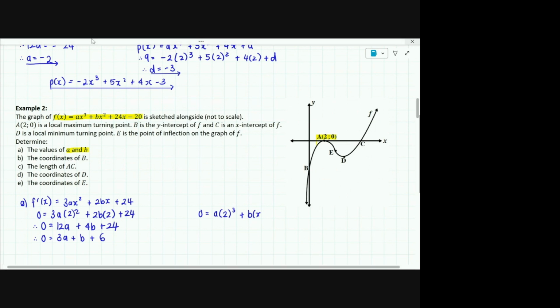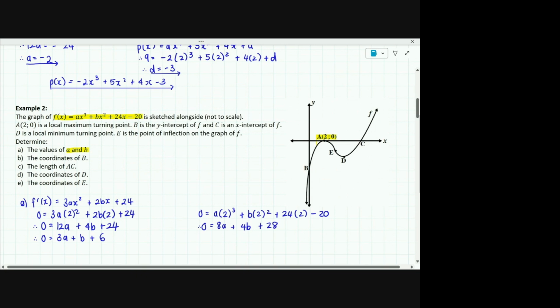Obviously, we know x, so now I'm writing 2. So b times 2 squared plus 24 times 2 minus 20. Again, we've got an equation in terms of a and b, so we're going to be able to solve simultaneously. If you simplify all of this, 0 is equal to 8a plus 4b plus 28.